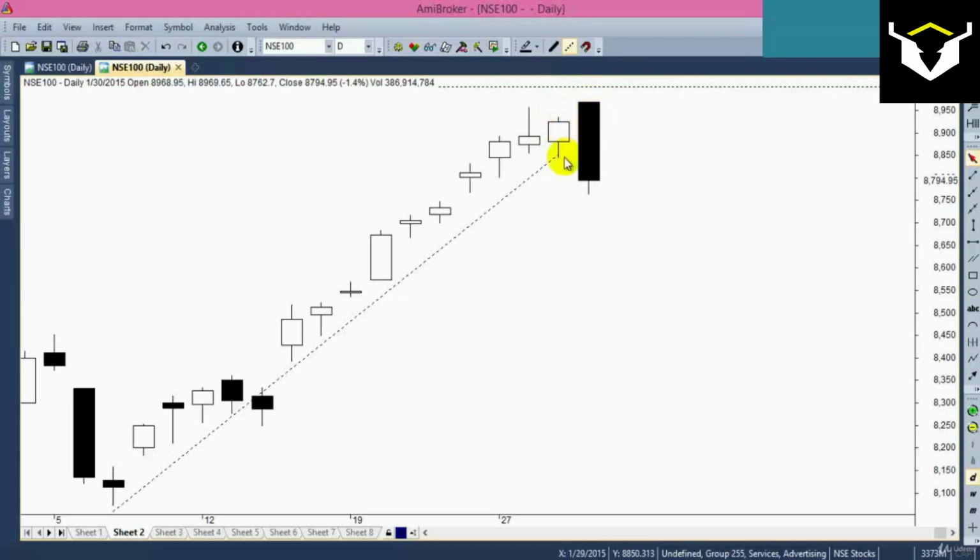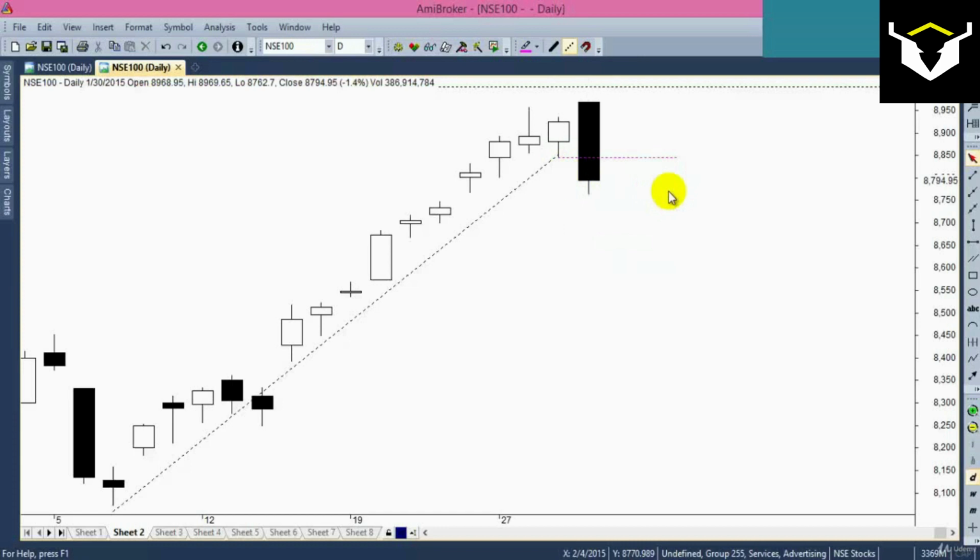It even took out the previous day's low price here. Taking out the previous day's low price itself will have forced many traders to close their long position, and most traders will have reversed their position.